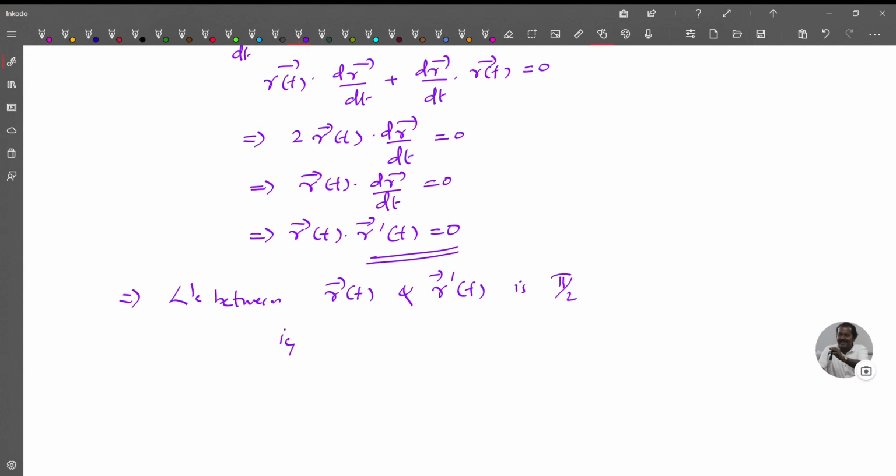That is, r of t is orthogonal to r dash of t, or r of t and r dash of t are orthogonal.